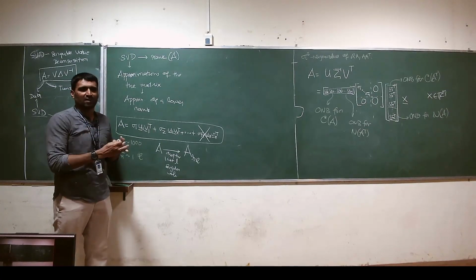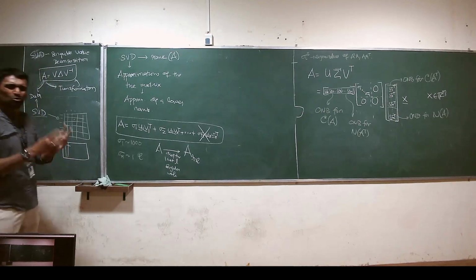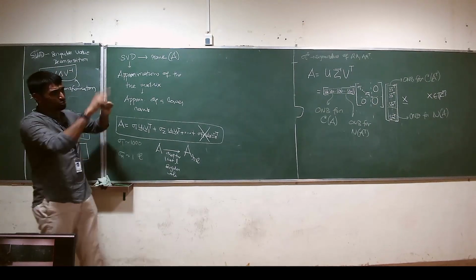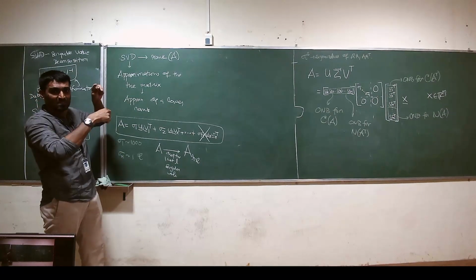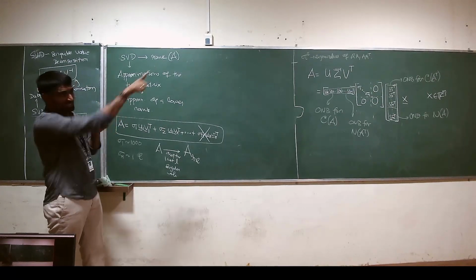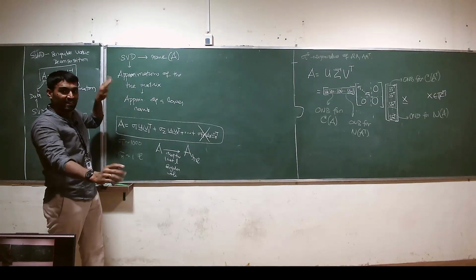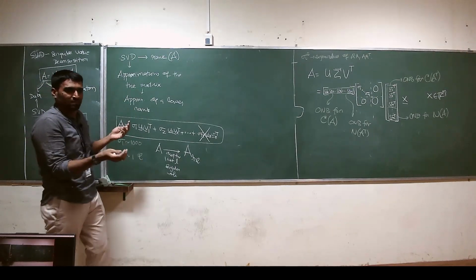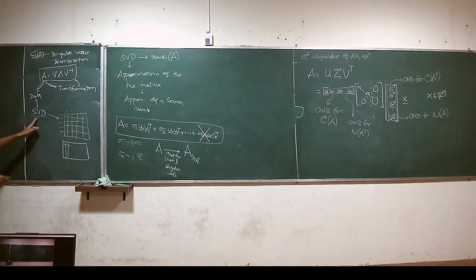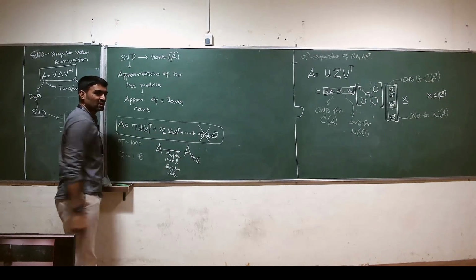Lower rank means you have to store fewer numbers and maybe you can see better structure. If the rank is very large, then there are too many independent directions in which my data can be distributed. But if my rank is say 1, then I know my data is only distributed along a line. If the rank is 2, then I know my data is distributed in a 2-dimensional plane, and so on and so forth. So SVD essentially allows you to find a simpler representation of your data depending on the values of these singular values.